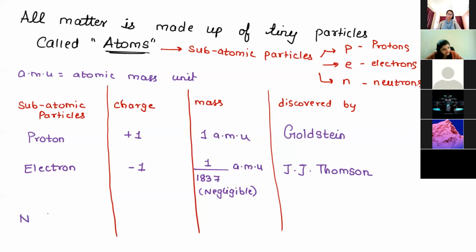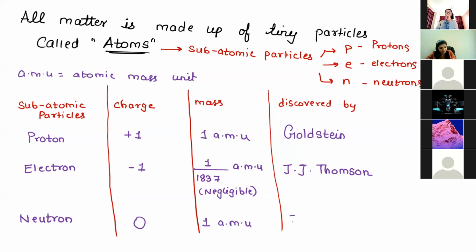And the last one is neutron, whose charge is 0. It's a neutral charge. It does not have any charge. Mass is same as protons, which is 1 AMU, and it was discovered by James Chadwick. So please take a screenshot of this.